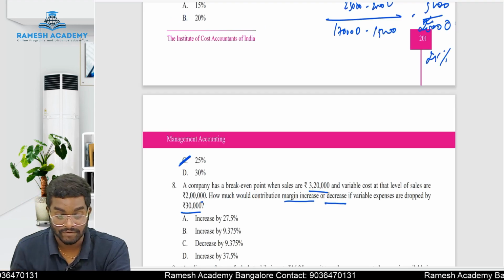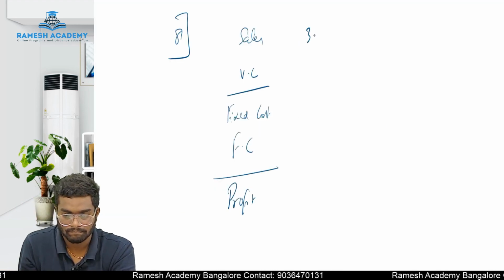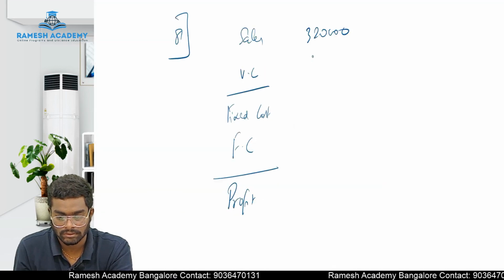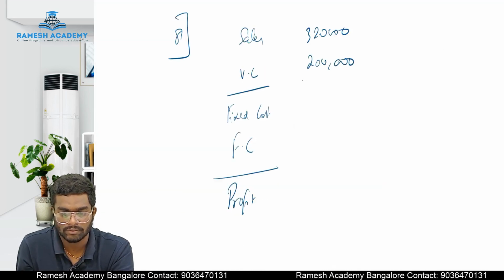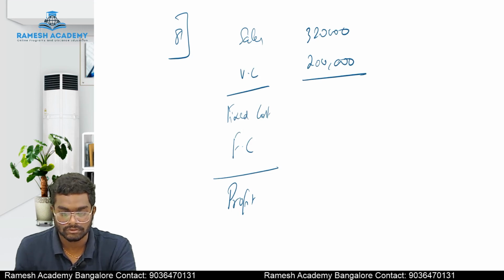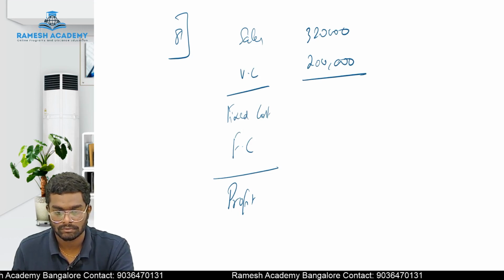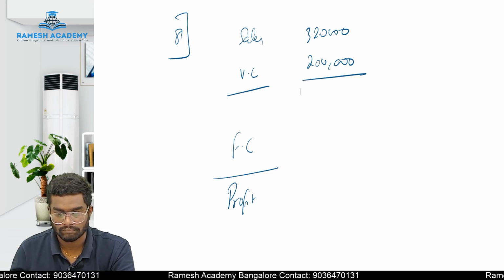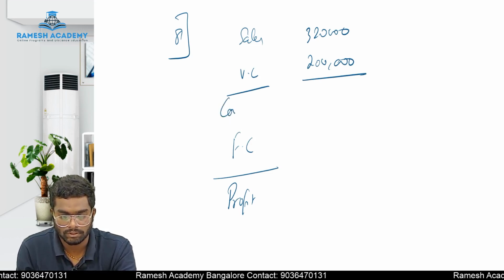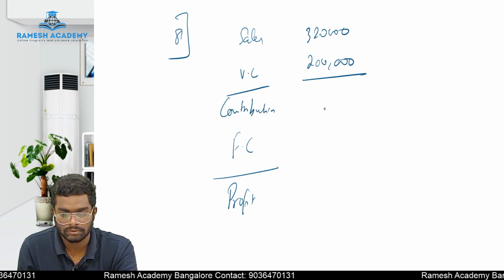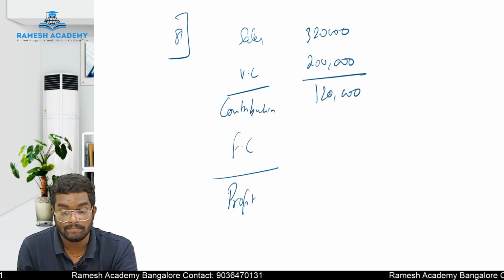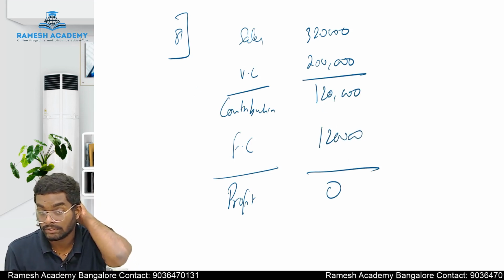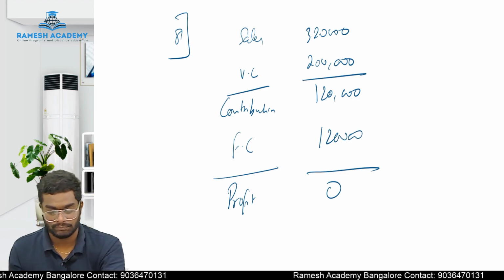At this moment we have the sales of 3,20,000 minus variable cost of 2,00,000. So my contribution is 1,20,000. So at break-even the profit will be 0. So my fixed cost is 1,20,000. So this is my actual position now.